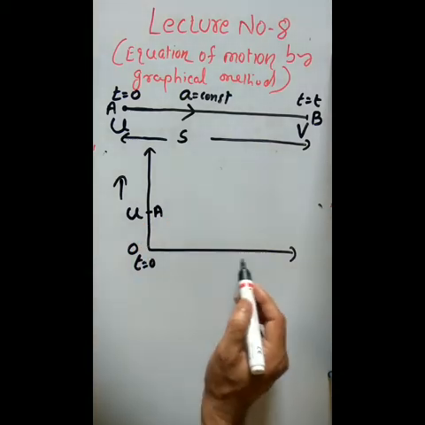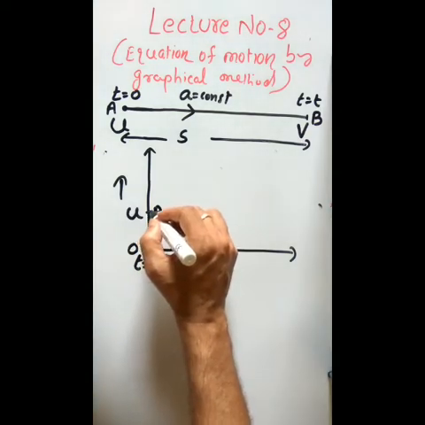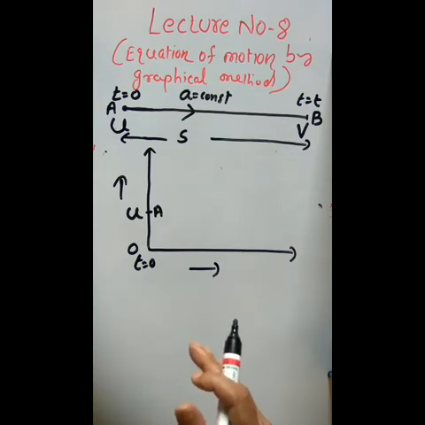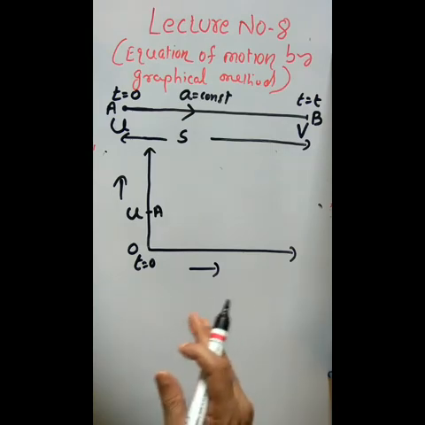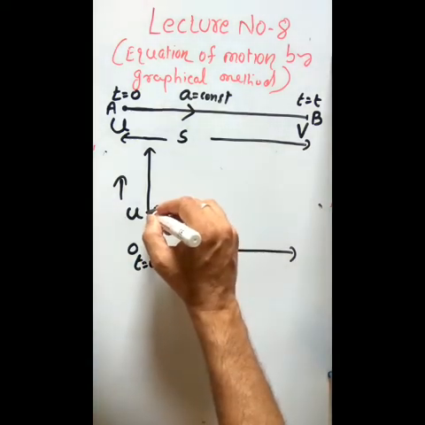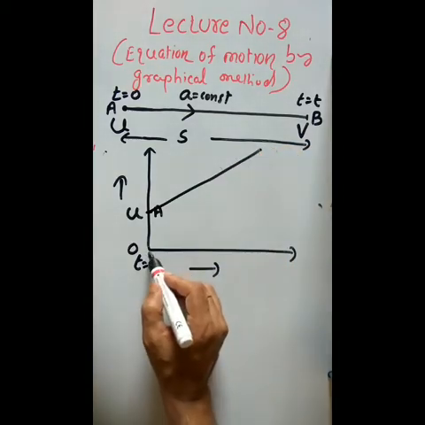Since acceleration is constant, as time progresses, velocity also gradually increases uniformly. That is, velocity is directly proportional to time. As time increases, velocity also increases. Now if you draw the velocity time graph, it is a straight line not passing through the origin, because here the initial velocity is not zero.